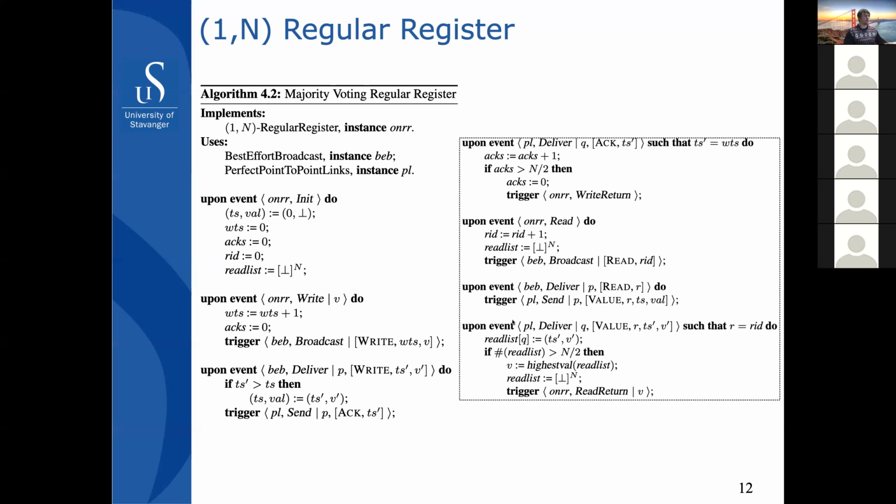This is captured with this read list set.